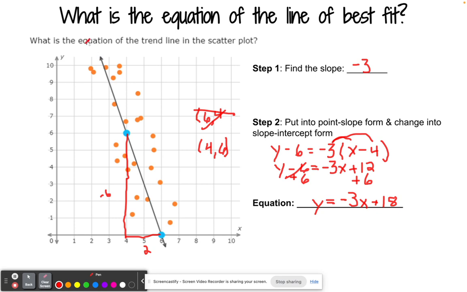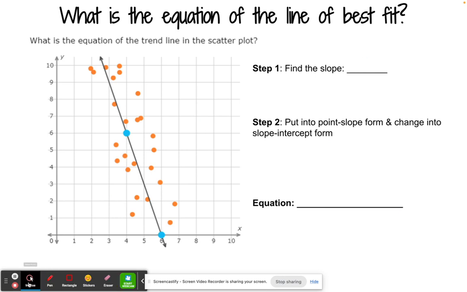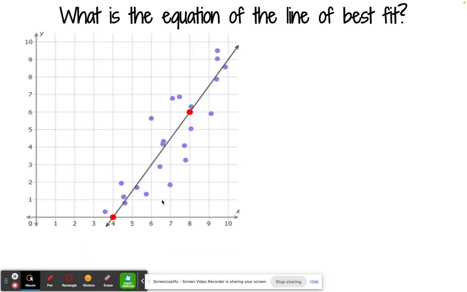And if you see, if my line went way up, it's going to be beyond 10 for my y-intercept, so that seems adequate. Let's look at my next example.